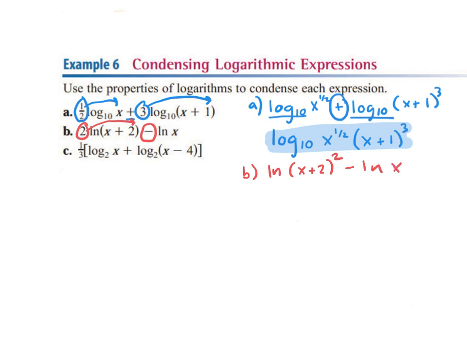Now I'm going to take care of that subtraction and change it to division. When I condense it, I only want one log or ln. So I have ln of (x plus 2) squared and then divided by x. So that subtraction, when we condense it, we get rid of this log and change it to division.